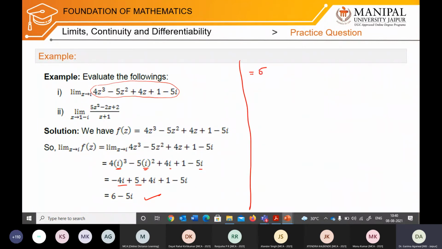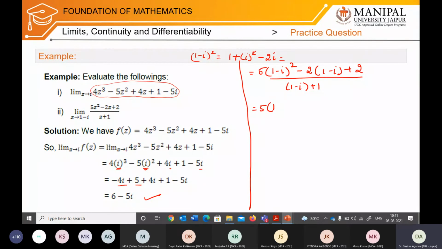Similarly, we can find the limit for this second function. Simply we'll substitute the value of z, that is 1 minus iota. So 5 into 1 minus iota square minus 2z is 1 minus iota, plus 2 upon 1 minus iota plus 1. The value of 1 minus iota square is 1 plus iota square minus 2 iota.